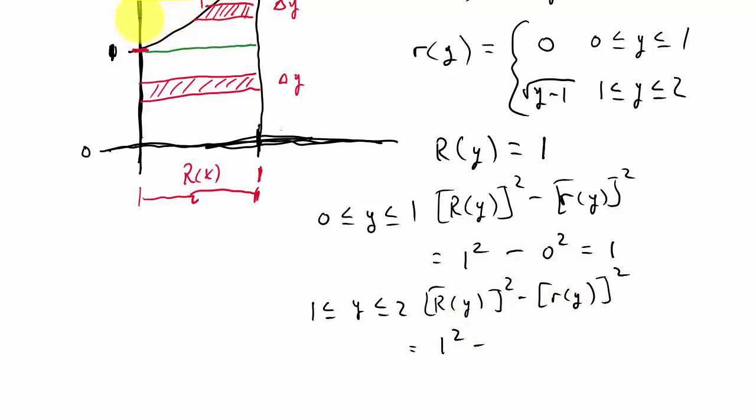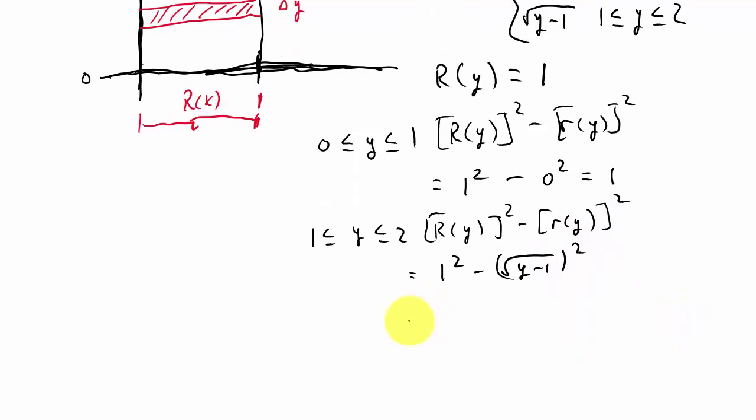And little r of y, that's this distance from here to here, and between 1 and 2, that's the square root of y minus 1, squared. And so that's 1 minus (y minus 1). So that's going to give us 1 minus y plus 1, which is 2 minus y. Okay.